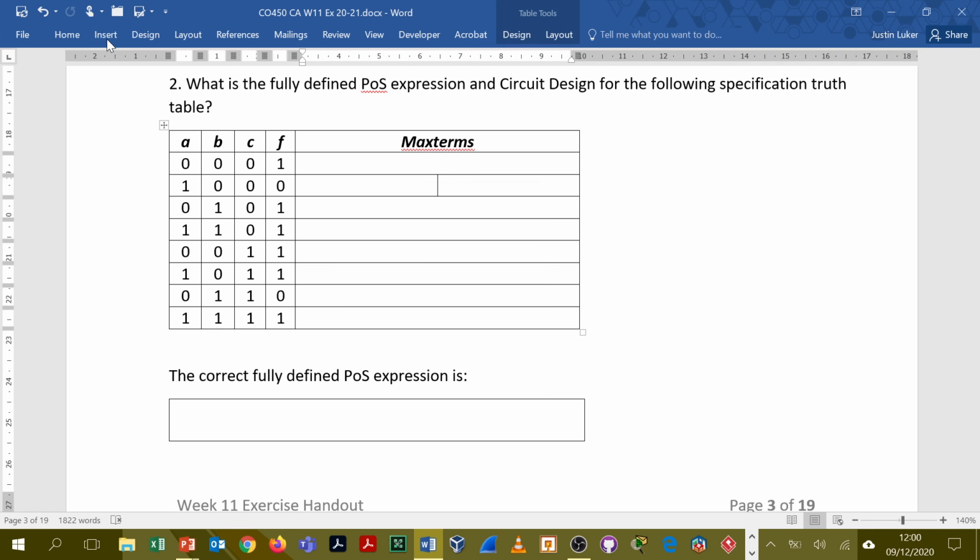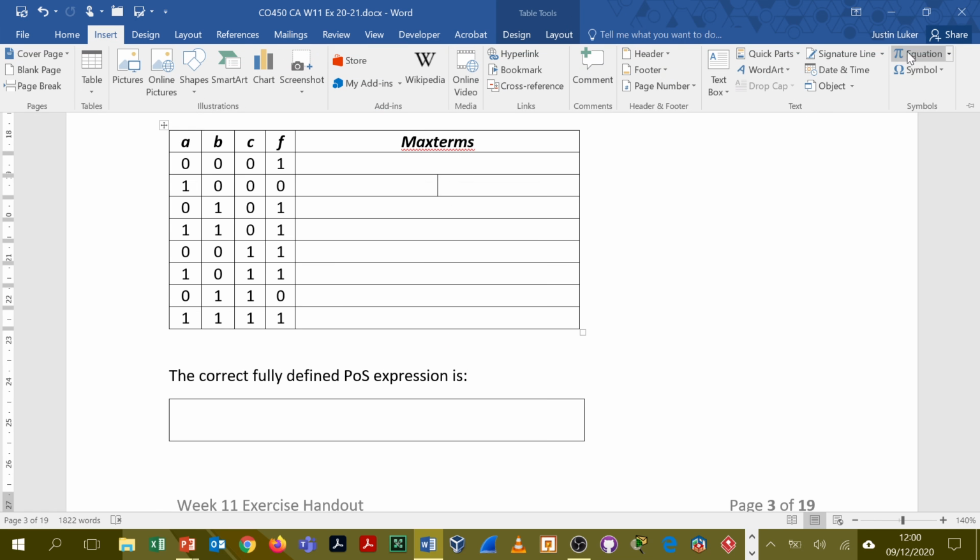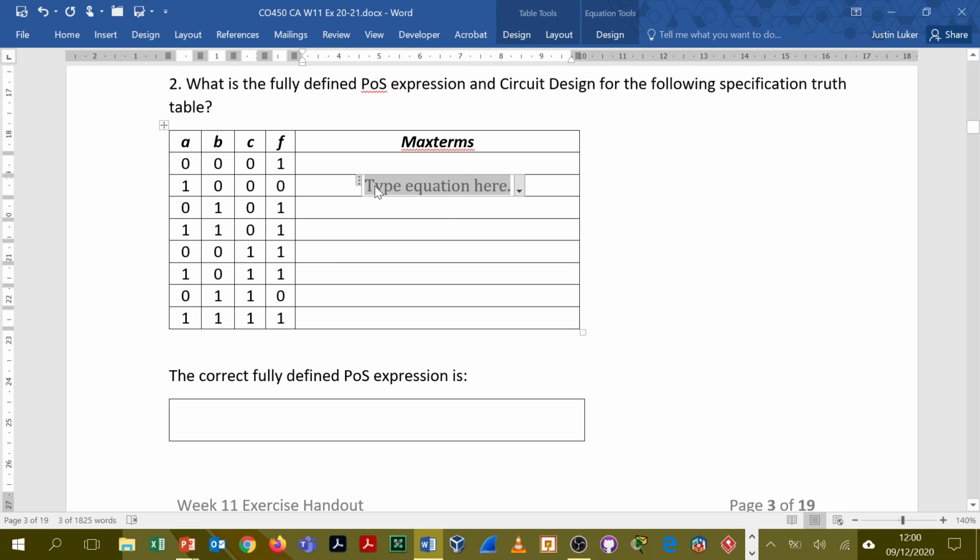So I need to insert my expression, my equation. And we can build that there. So open our brackets. Oops, I clicked into it. There we go.